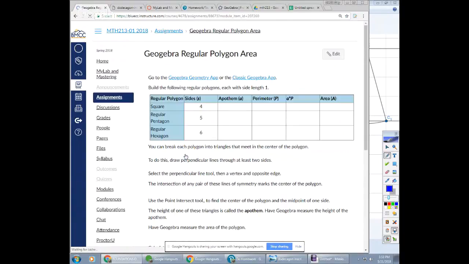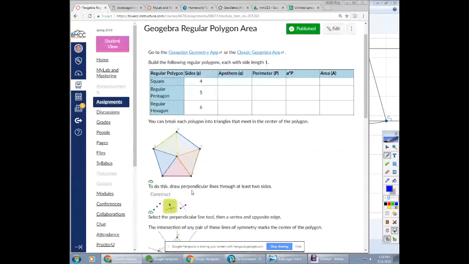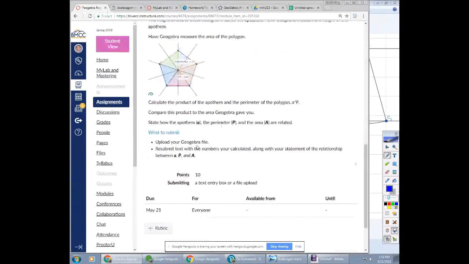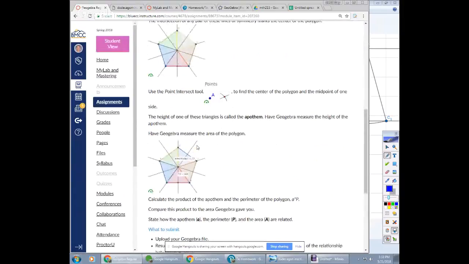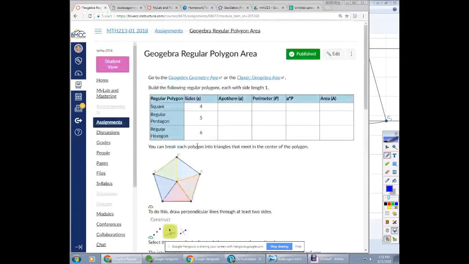I'm going to go through the steps that I list here. I have some screenshots with what I'm about to do. This is related to question number, I believe it's 10, that Kristen asked about. And we're going to eventually fill in this table. I'm going to do one of them right now, and then you're going to go to a computer in a little bit and give it a try.